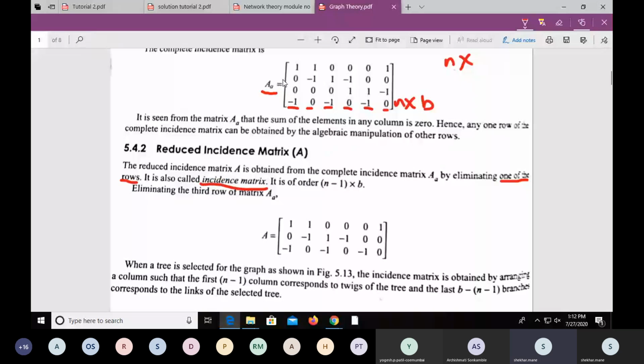So after writing the complete incidence matrix, you have to remove one row from this A matrix, and then you will get the incidence matrix. Here we have eliminated the third row, and then we get the incidence matrix. Not necessarily only the third row, you can remove the last row also, any row.